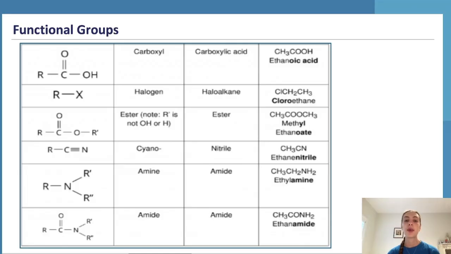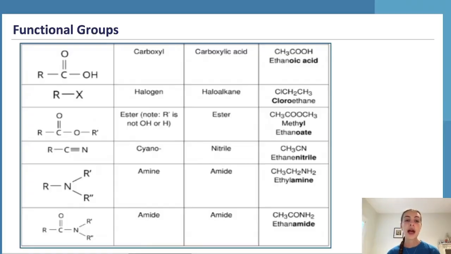So for example, if it was a propane molecule and one of the hydrogens on the first carbon or the last carbon was substituted with chlorine, you'd get 1-chloropropane. If it was on the second carbon atom along, then you'd get 2-chloropropane.